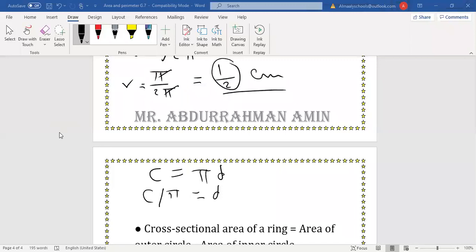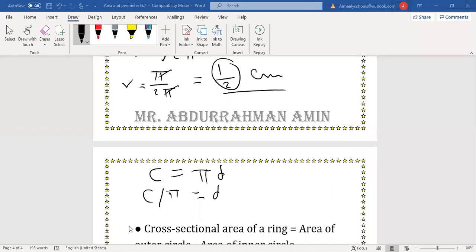Question number 3. He said, a circular ring has a cross section as shown left. If the outer radius is 22 millimeters and the inner radius equals 20 millimeters, calculate the cross-sectional area of the ring.